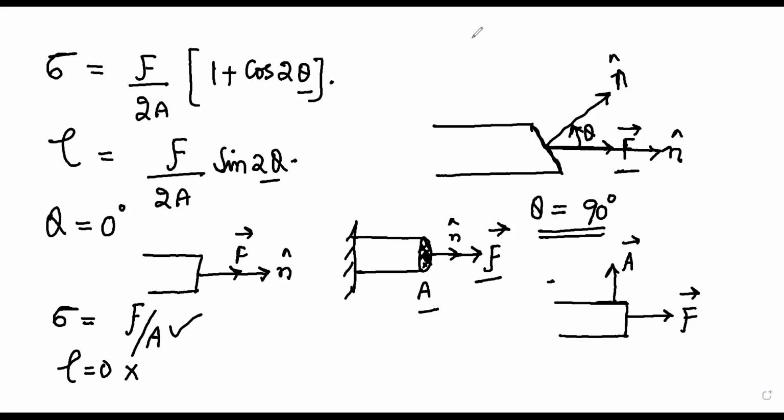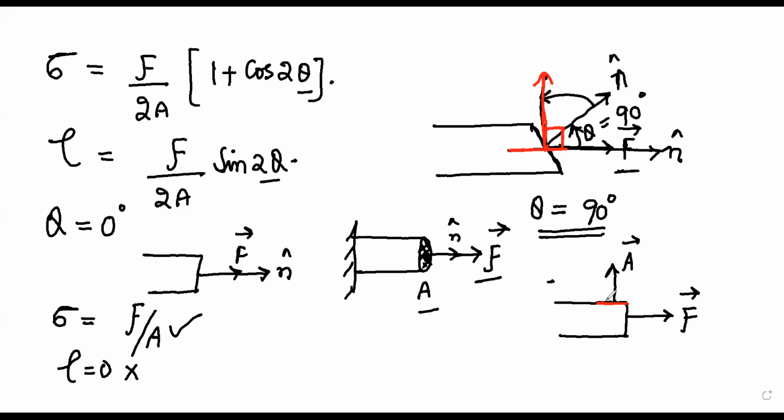Theta equal to 90 means when this area vector is rotated like this, your area has to be like this. Only then the area vector will be in this direction, such that between area and force, the angle will be 90 degree. That is the case like this.